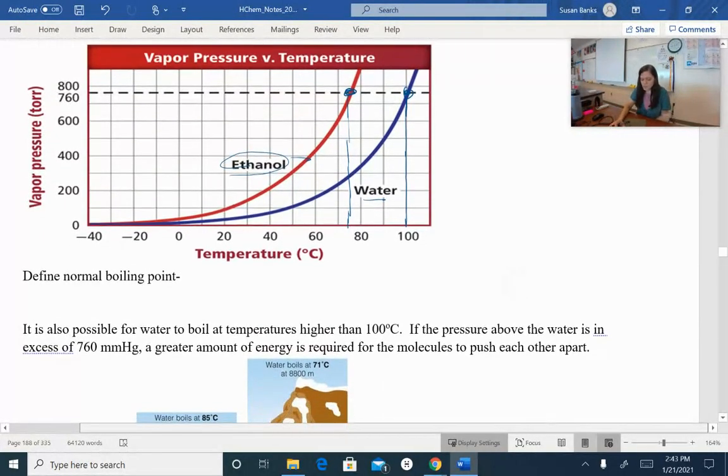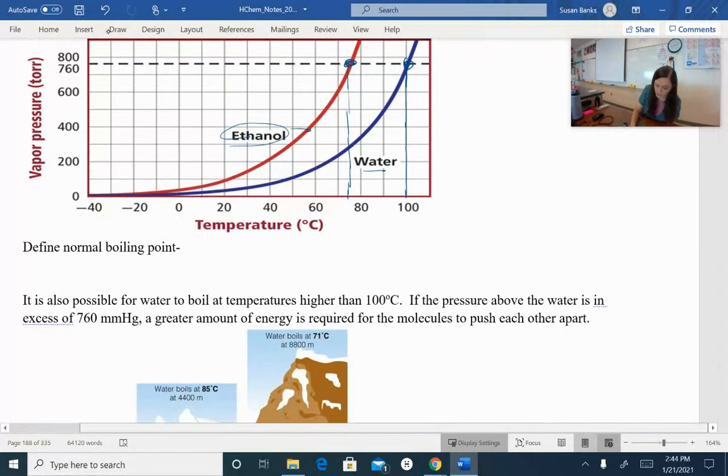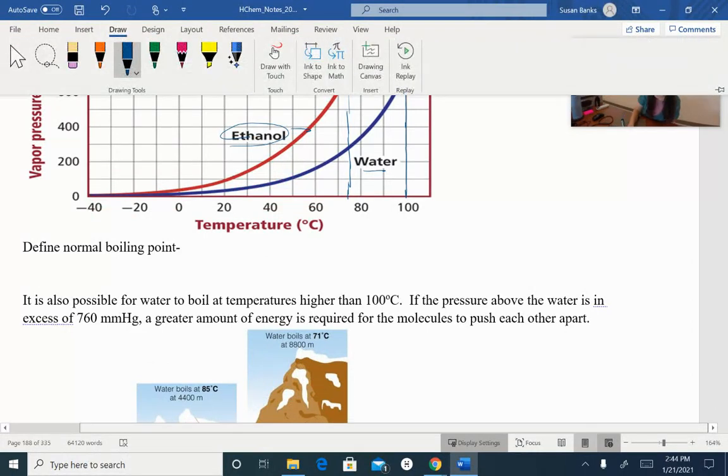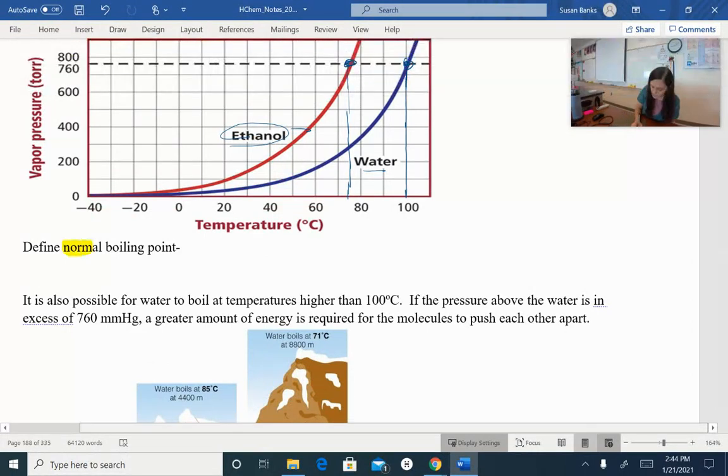Okay, so I want to define normal boiling point. Now, the thing that we really want to stress is the word normal in here.